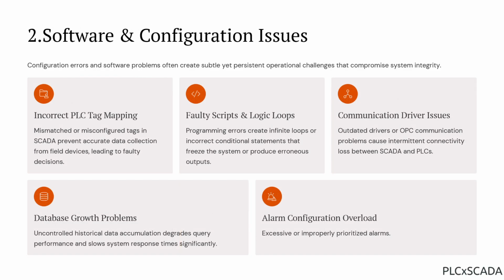Now next issue, software and configuration issues. In SCADA software, we are using PLC tags, historical data logs, trends, alarms and reports. If the database grows heavily without maintenance, SCADA slows down and freezes. Common root causes are SQL log files growing uncontrollably, excessive alarm configuration, insufficient storage, faulty scripts and garbage code.